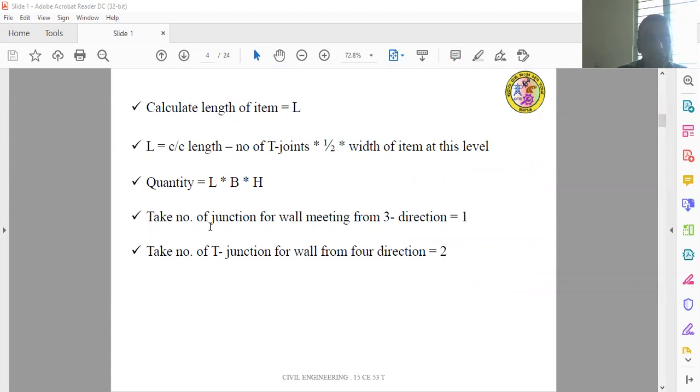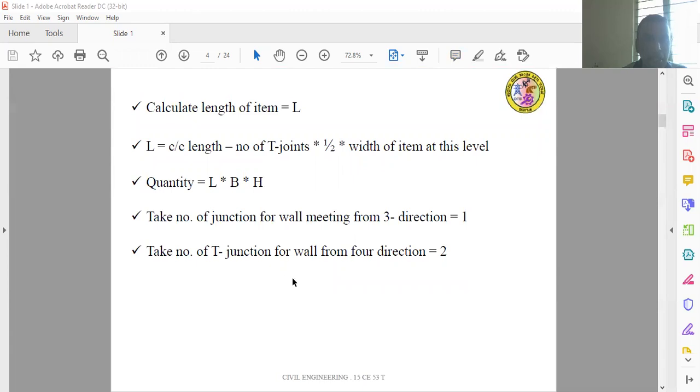Here, special care should be taken when calculating the number of junctions. If walls meet from three directions, that is, this is one wall direction, this is another wall direction, and this is another wall direction, the three walls meet at a single point and the number of junctions will be considered as single, that is one.